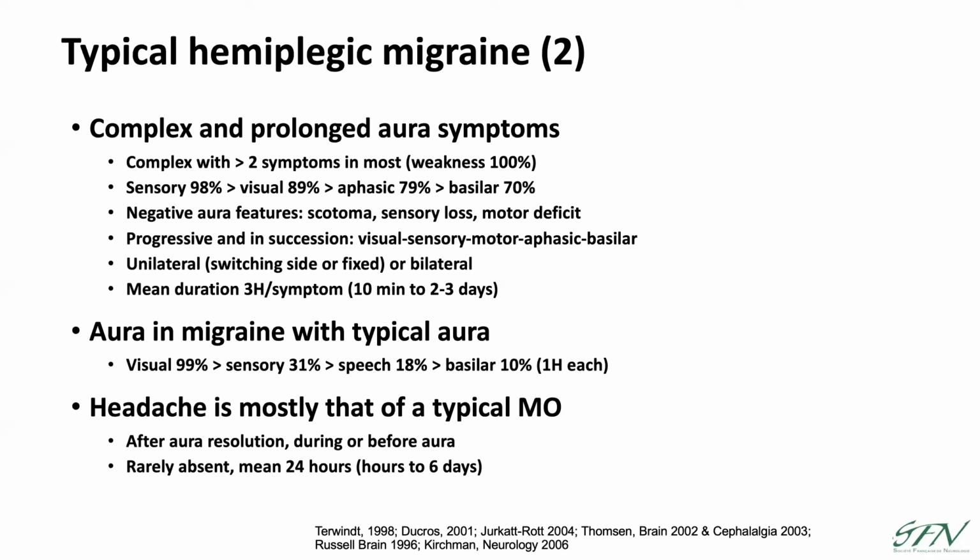And sometimes it's more important, with a difficulty to move the hand, the leg, and the face. And sometimes it's really hemiplegia. So hemiplegic migraine does not correspond to hemiplegia during all attacks in most patients.